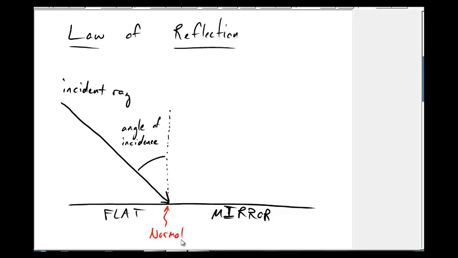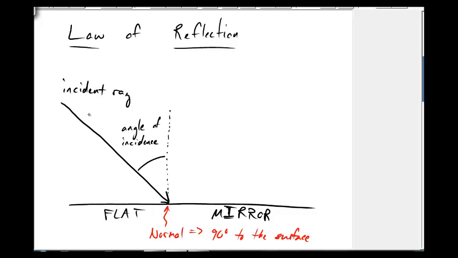What did we mean by the word normal? It was the one going perpendicular to the surface. Perpendicular, or 90 degrees to the surface. And so we're going to measure everything from the normal. Our angle of incidence is measured from the normal.